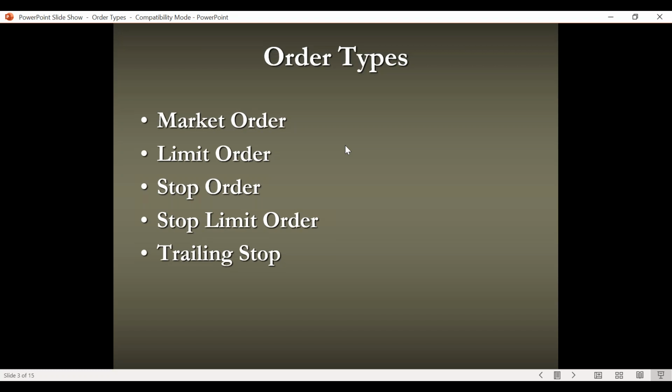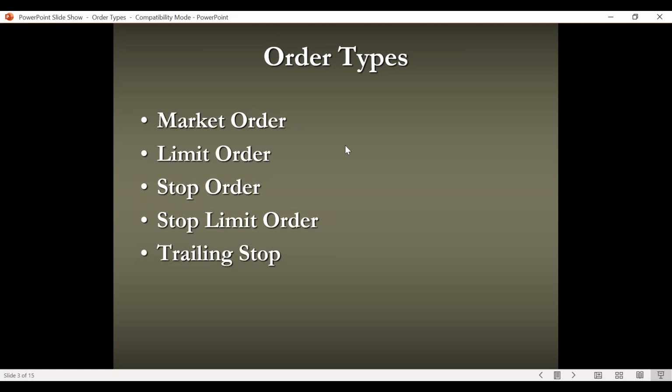I think people like to use some of them just because they're complex, and it makes them feel real smart that they can do an order that most people don't know how to do. They can call themselves an advanced trader because of it, but it doesn't necessarily mean it makes them more money all the time. So sometimes you can overdo it with your complexity.